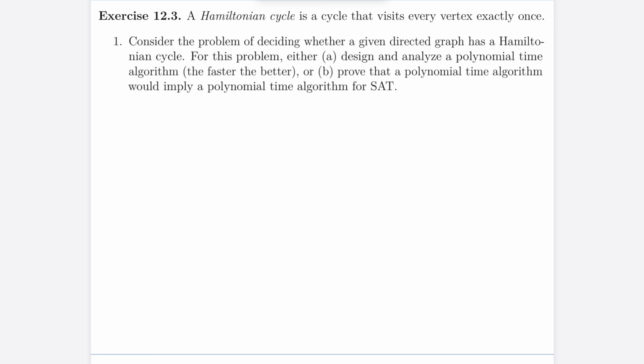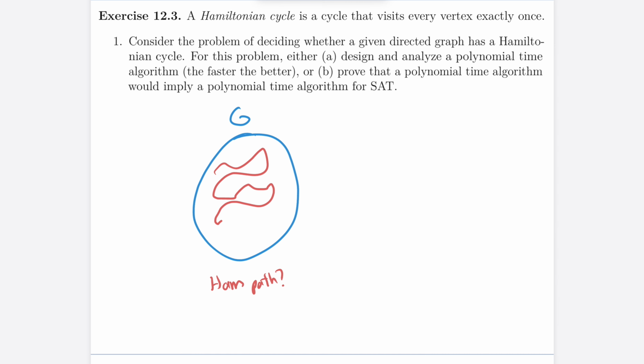Okay, so, all right, this is going fast. All right, so I have my original graph G, and I want to know, is there a Hamiltonian path? Something like this, right? So you want to know if there's some way to visit the whole graph, looking at every vertex exactly once.